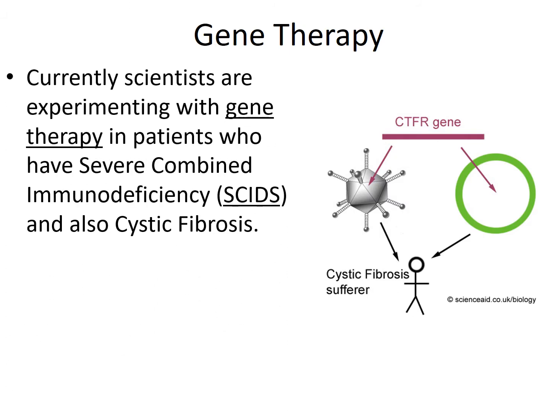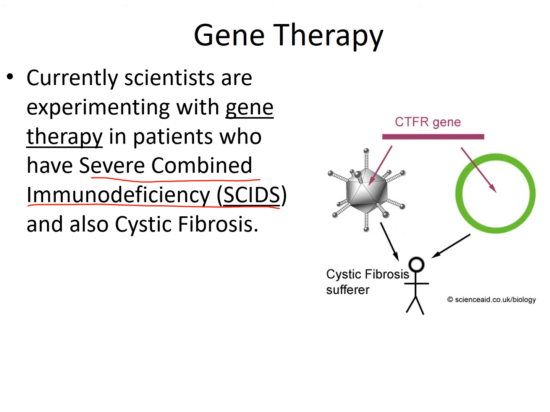Gene therapy. So again, we use gene therapy for people with SCIDS and cystic fibrosis. SCIDS is basically a way of somebody being born with an immune system deficiency, and it's very severe. It's not on the level of AIDS, but AIDS is an autoimmune disease.